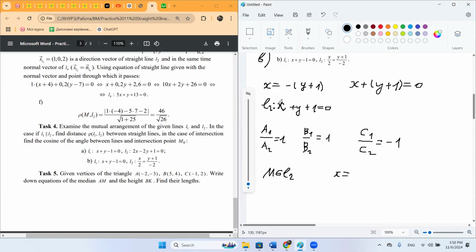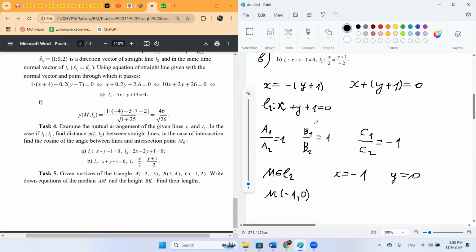No, but if we set x 0 and y 0, we won't achieve equality here. So it doesn't belong to this line. But you can assign any value to x. x equals -1, and then find y. Okay, x minus 1 equals -1. So y equals 0. And here is M: -1, 0. Good choice.